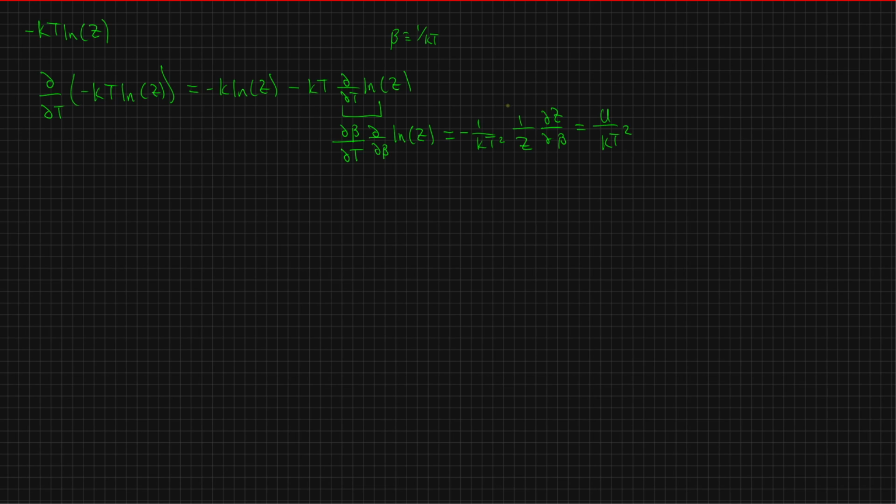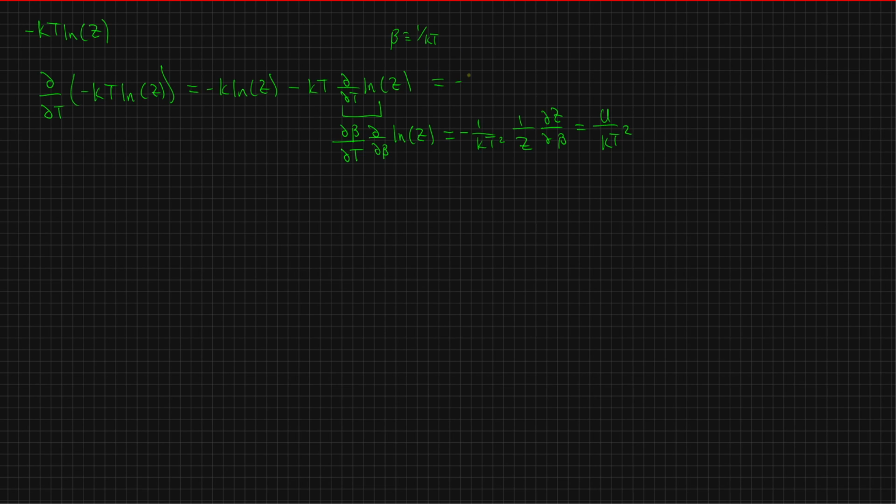I'm just using the fact that we showed, at least for the homework question, that minus 1 over Z del Z del beta is U. Okay? So that's all we've got going on there. Now let's take this and plug it back in up there. What do we get?